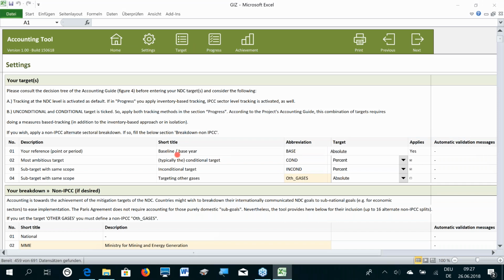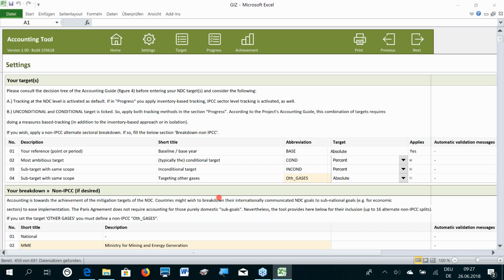this is a part which requires a good reading of the guide, because it's a rather complex topic, because most countries have submitted not only one target with the NDC, but several targets, being either unconditional and conditional targets, or being targets that have different scopes.